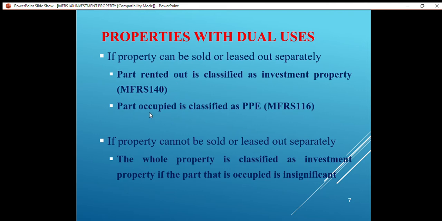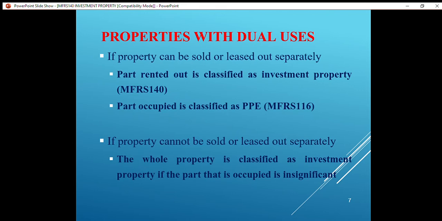And for the second situation, if property cannot be sold or leased out separately, it means each floor of the property cannot be sold or rented out separately to the third party.